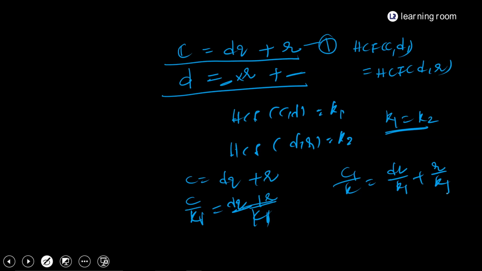So C by K1 is an integer because K1 is a factor of C. Also DQ by K1 must be an integer because K1 is a factor of D. So this is an integer, so this must be an integer. So then K1 must be a factor of R also, right? We already know that K1 is a factor of C and D. We want to show that K1 is also a factor of R, right?